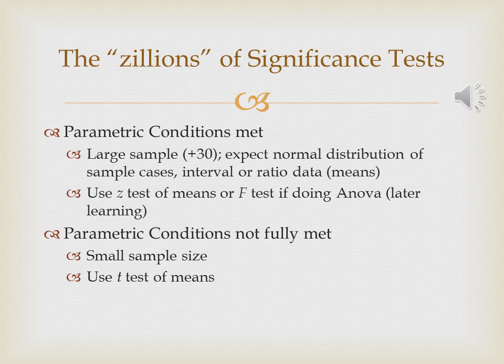But just know that parametric conditions, where everything fits what's needed for a parametric test, and we use a z-test or an f-test. If parametric conditions are not fully met, for instance, the sample size is too small, or we're using proportions instead of means, then we use t-tests of means or t-tests of proportions.